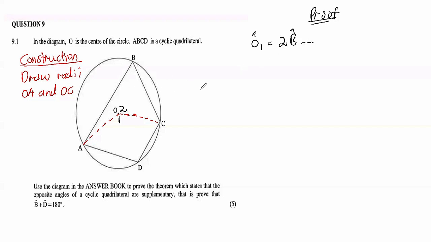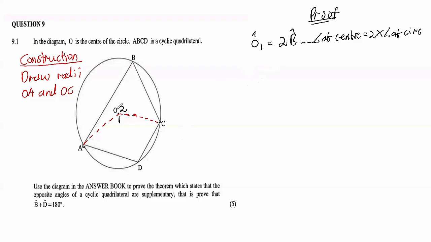We are using the theorem that says an angle at the center will be twice the angle at the circumference, subtended by the same arc AC. Arc AC subtends O1 at the center, and the same arc AC subtends another angle at the circumference, which is B. So that means angle at center equals 2 times angle at circumference, right? And that's why O1 is equal to 2B.